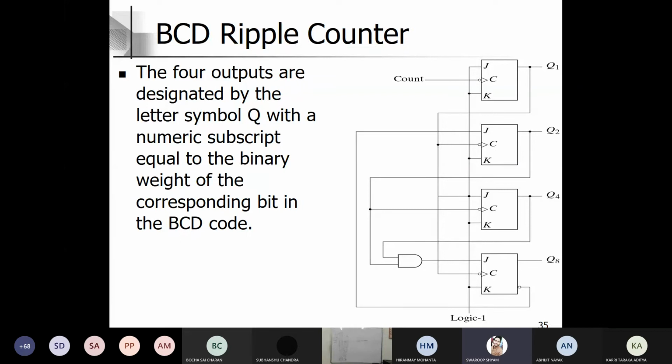Ma'am, the circuit for ripple counter seems somewhat asynchronous also.